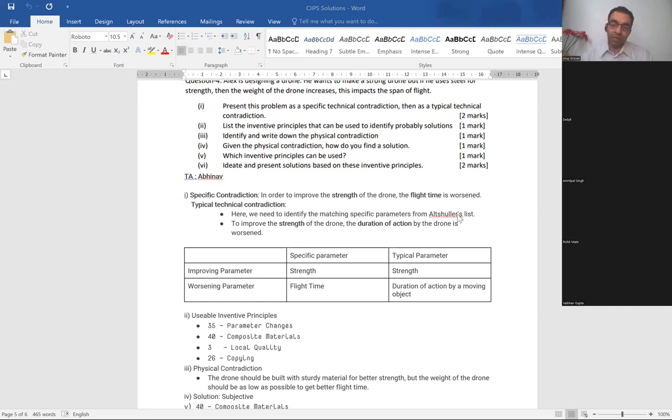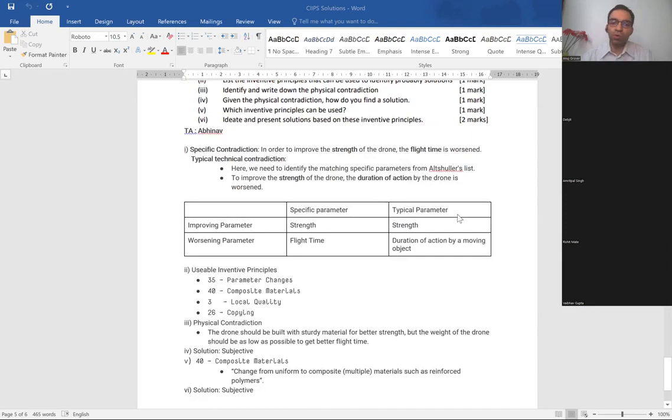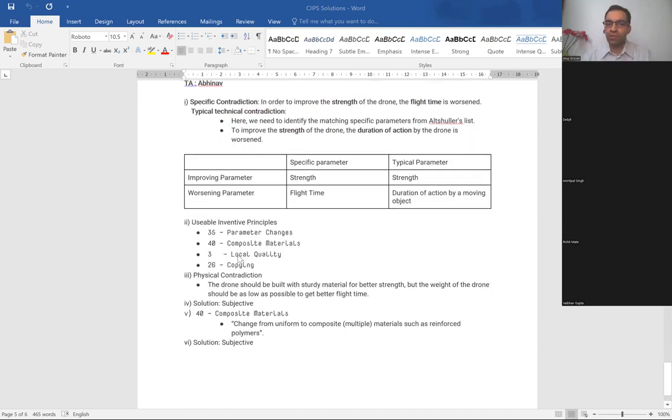So any specific parameter, you could have 2 to 3 different translations into typical parameters. What would that do? That would give you more than just one set of inventive principles. It will give you an additional 3 or 4 inventive principles. You check 8 inventive principles instead of 4 to find your solution. Is that okay?